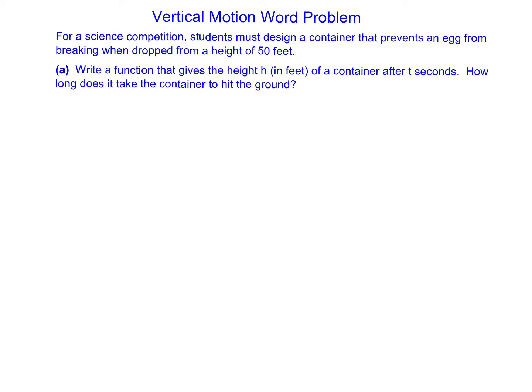So let's take a look at this example using vertical motion. We know that our vertical motion equation is going to be h equals negative 16 t squared plus our initial velocity times t plus our initial height. So that is the equation that we always start with.